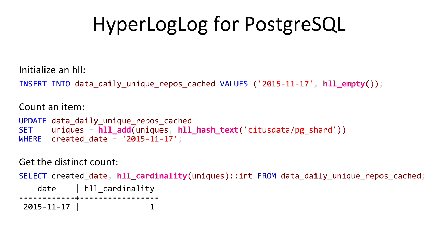We have a date, and then we put in an empty HLL. If we want to count an item, one thing we could do is update the table, take the existing value in the HLL column, and add it with a new value that we want to count.